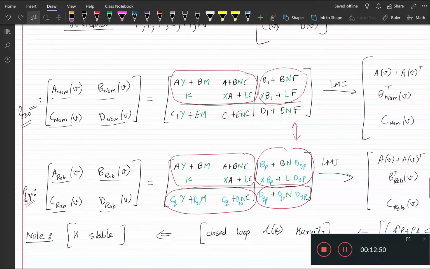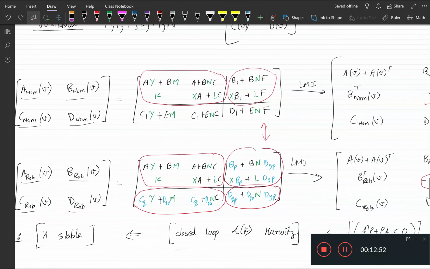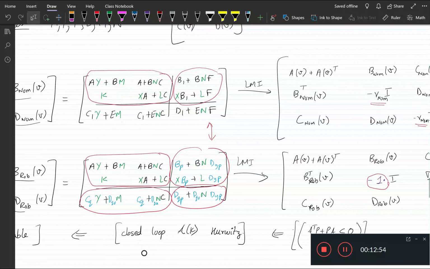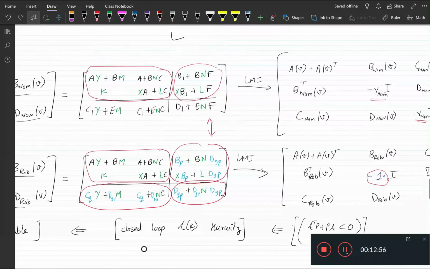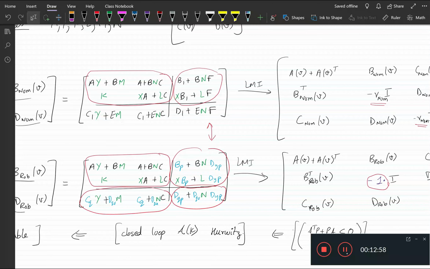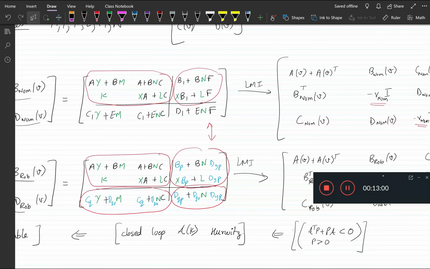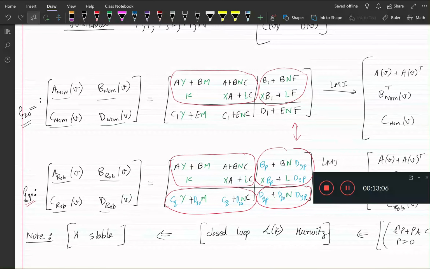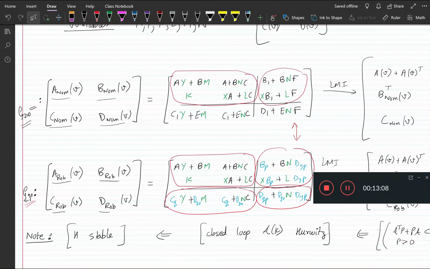Note that we also required H to be stable, but that is already achieved because we have A transpose P plus PA in the 1-1 blocks of these conditions, which means that if K is Hurwitz, then H is stable.